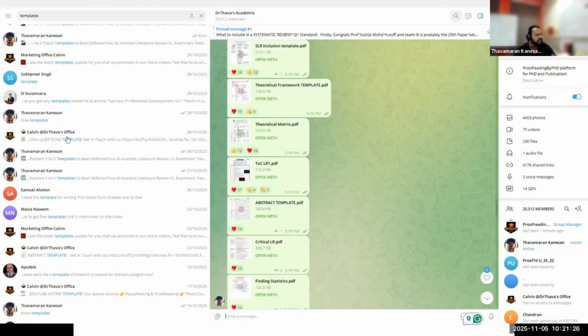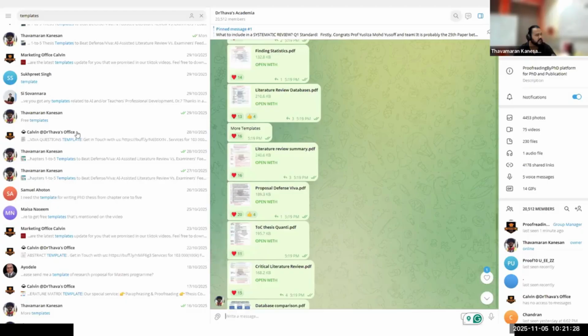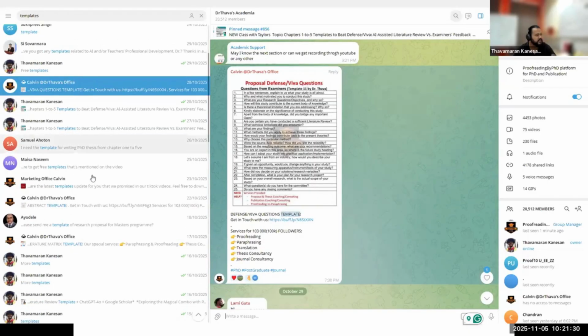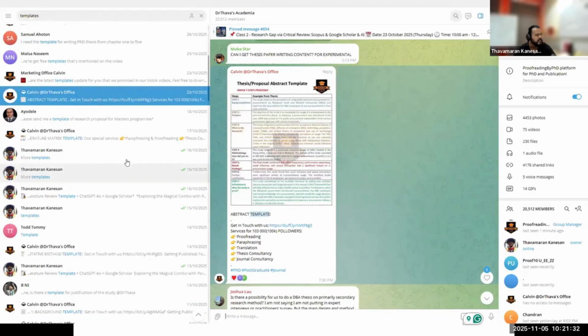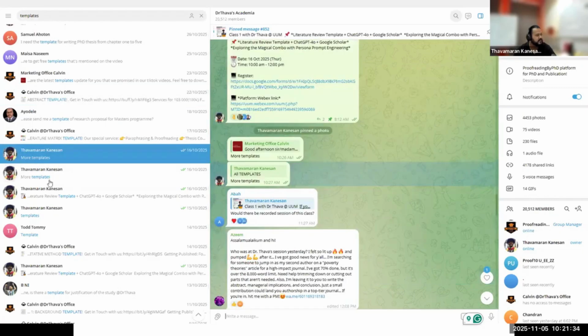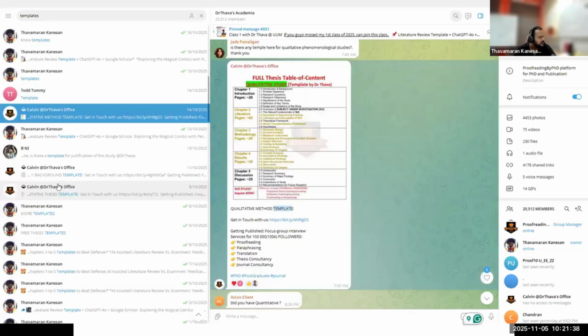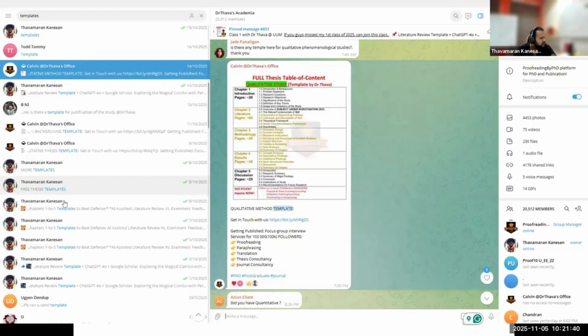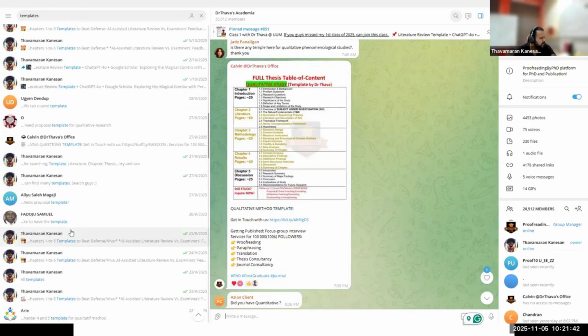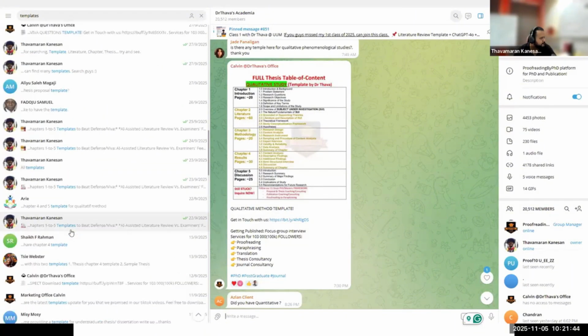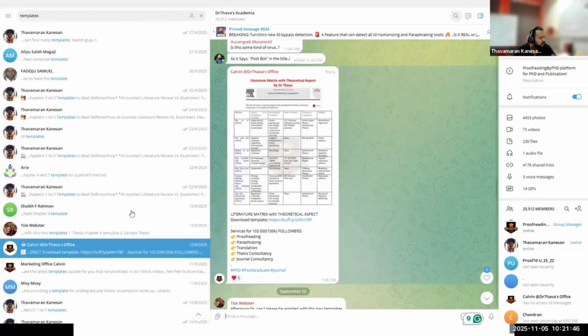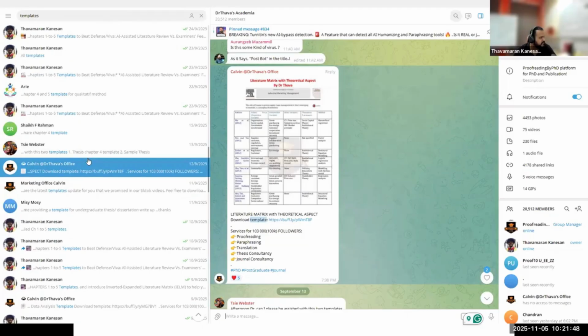We got Viva question templates. We got abstract template. We got more templates here. And then we have qualitative study template. There is also one other write-up. This is literature matrix template.